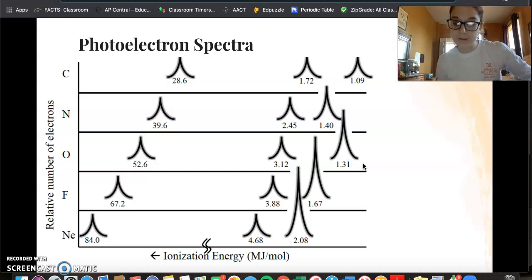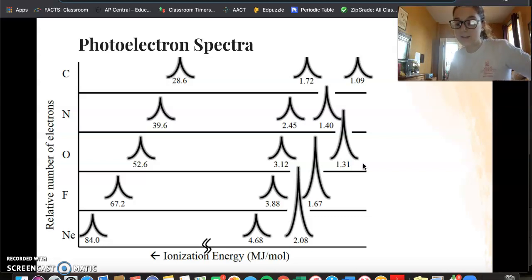For carbon, the third peak has 2 electrons, but if you look for nitrogen, the third peak has 3 electrons, so it's even taller than the 2 electron peaks. For oxygen, the third has 4, fluorine 5, and neon 6. So remember, the heights of these peaks tell us the number of electrons within that ionization energy peak.